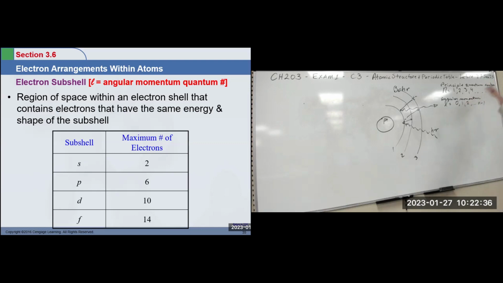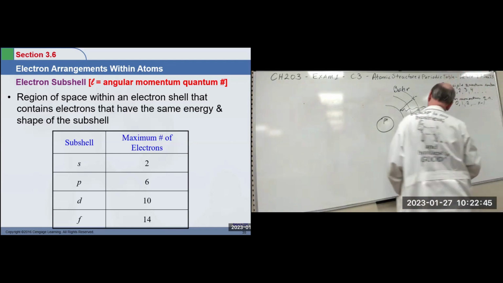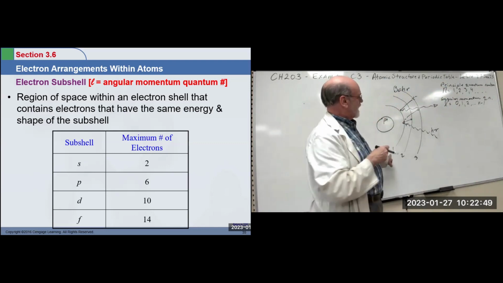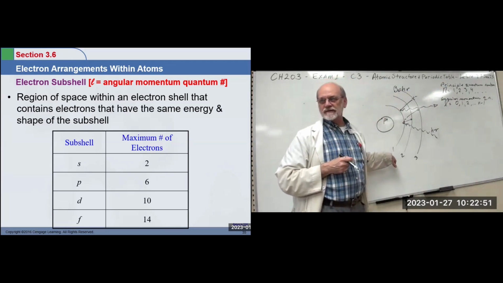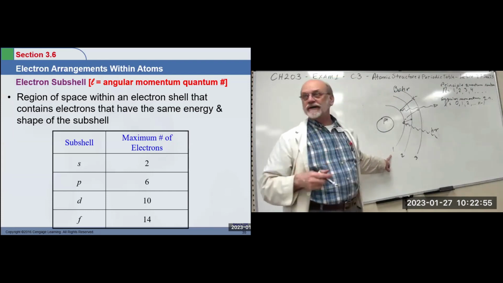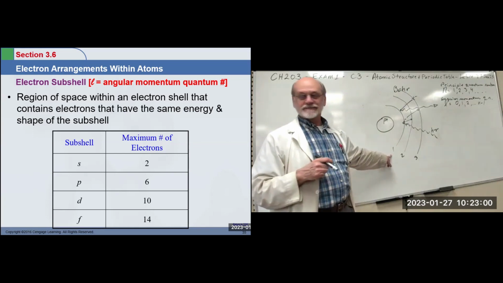These are all quantum numbers. So if we were at n equals 1, how many L's can we have? Well, only 1, because 1 minus 1 is 0. That's it.